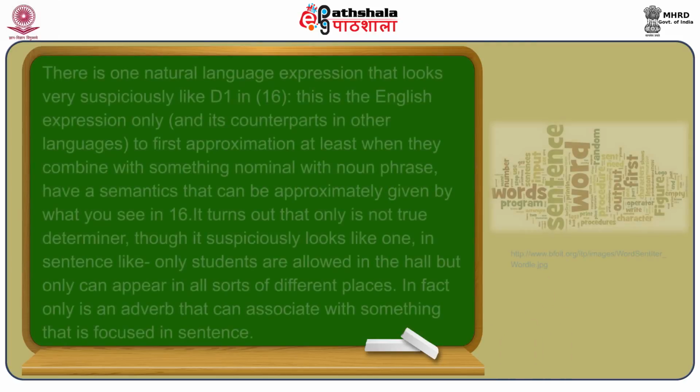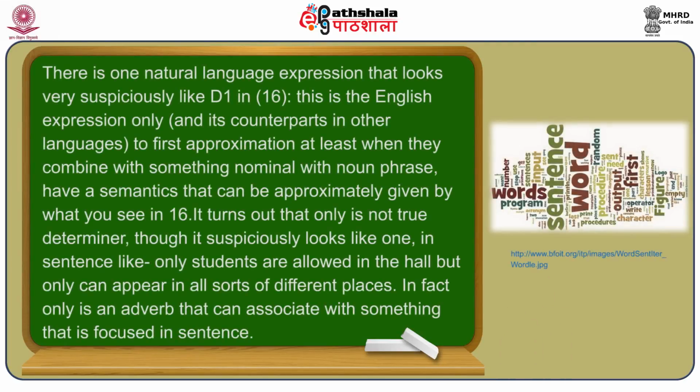Well, in fact, there is one natural language expression that looks suspiciously like D sub 1. And that's, if you think about it, the word only in English and its counterparts in other languages. To a first approximation, at least when they combine with something nominal in a noun phrase, they have a semantics that can be approximately given by what you see in 16.